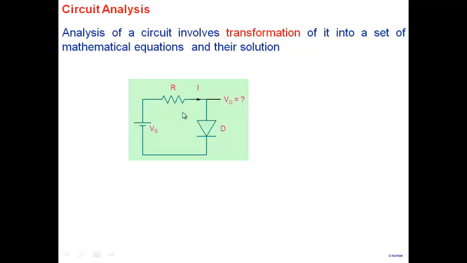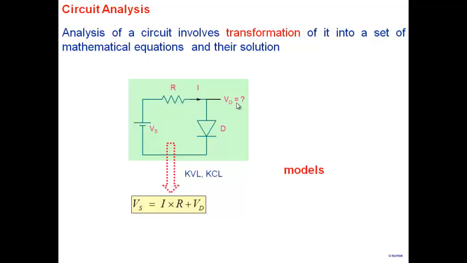So if we take this particular circuit here, as you can see, we write down Vs is I times R plus Vd. This is a single loop circuit, and let's say we are interested in this output voltage Vd.